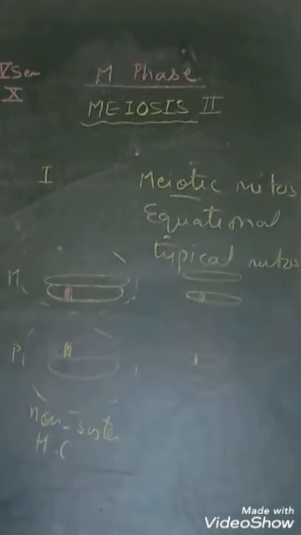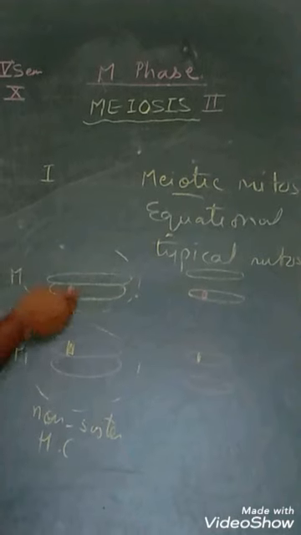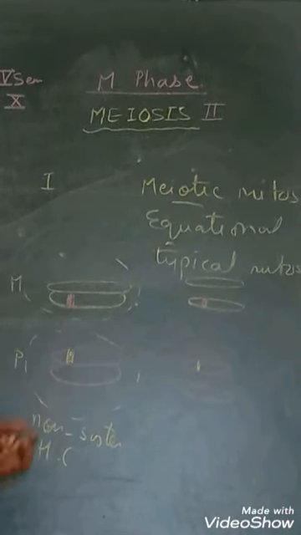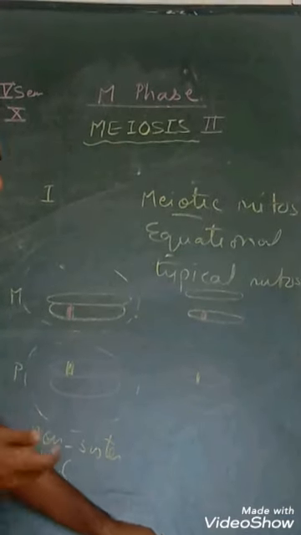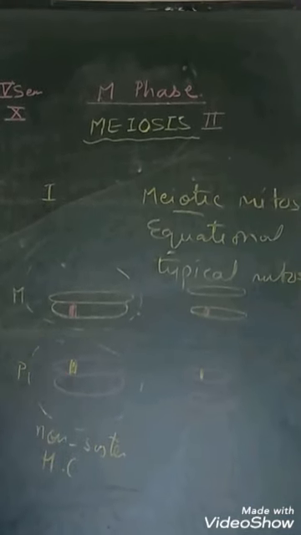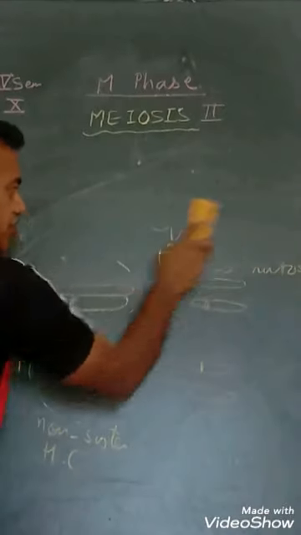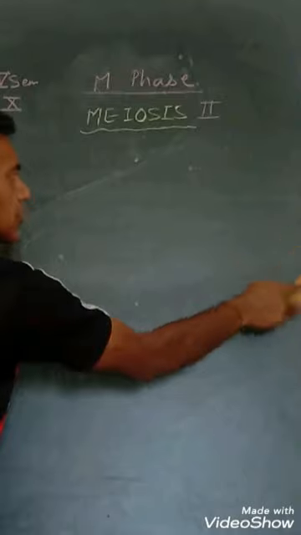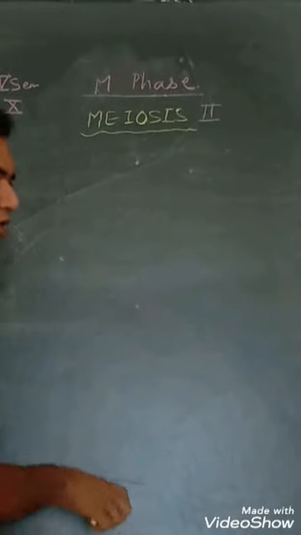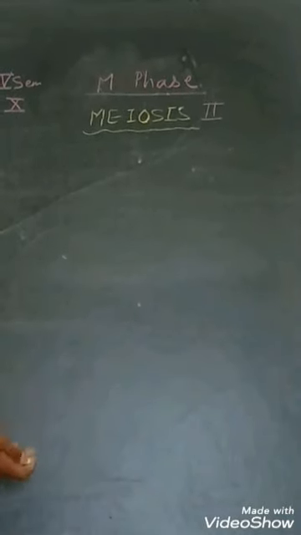That is why it is known as equational division, and this one was reduction division. Now this meiosis 2 may be preceded by a period of rest, known as interkinesis or interphase, though DNA replication doesn't take place.